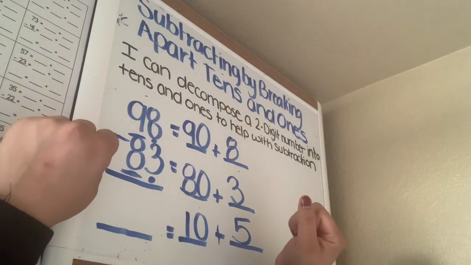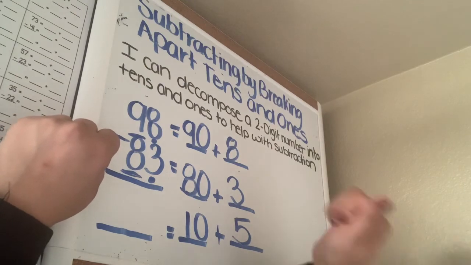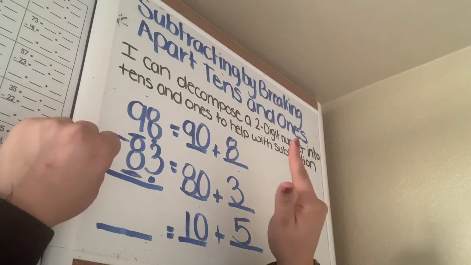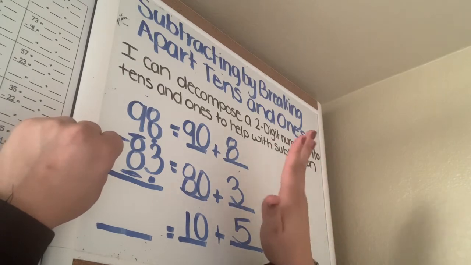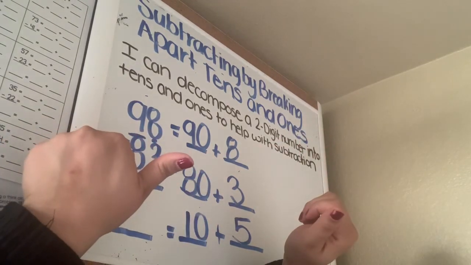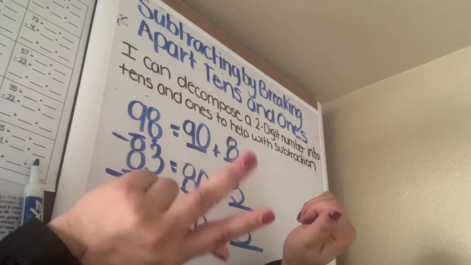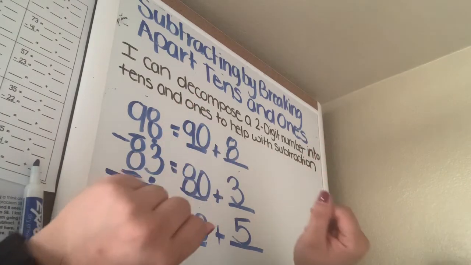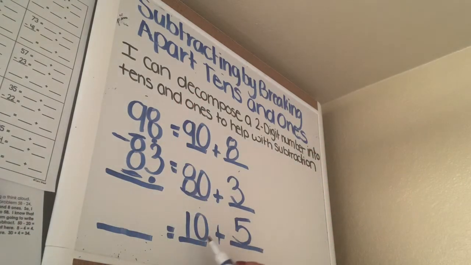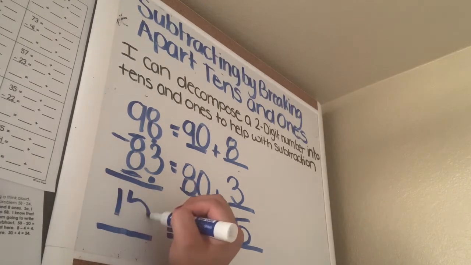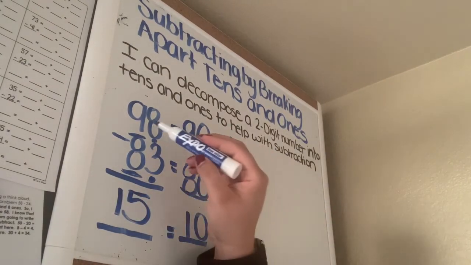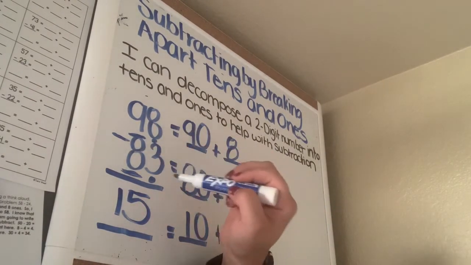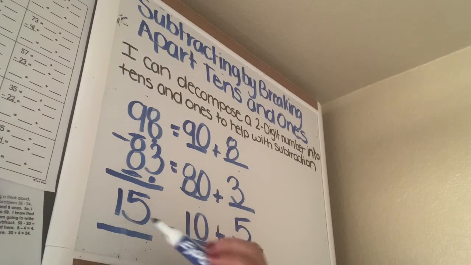I start at 90, 80, 70, 60, 50, 40, 30, 20, 10. So now what's left to do is we need to add 10 plus 5. What is 10 plus 5? 15. So 98 subtracted by 83 equals 15.